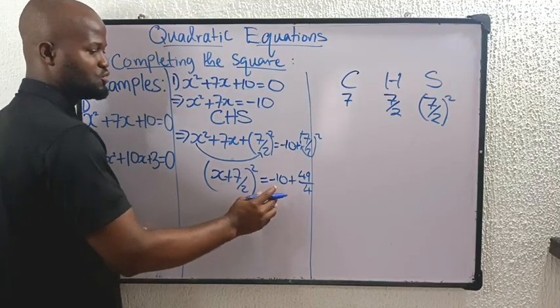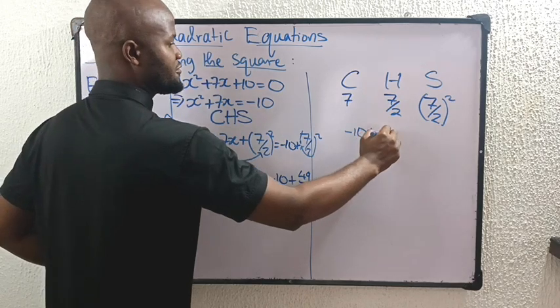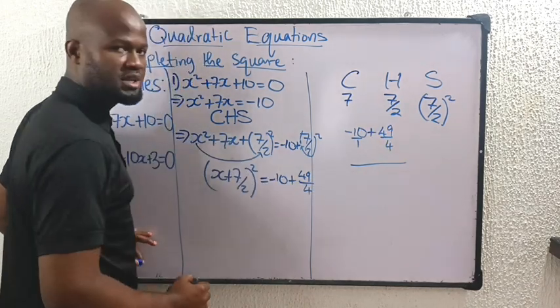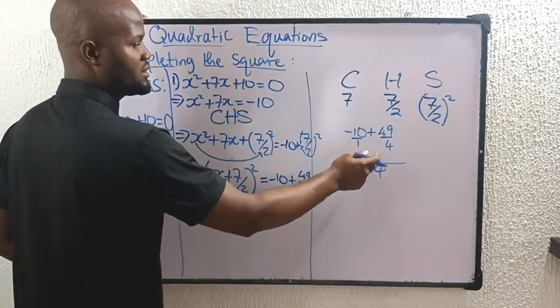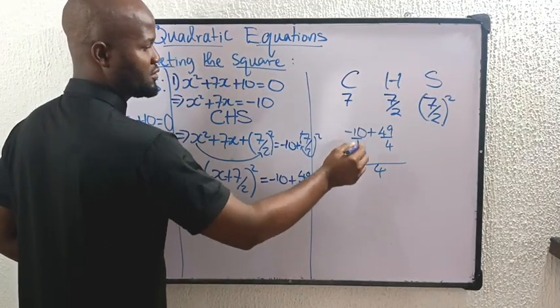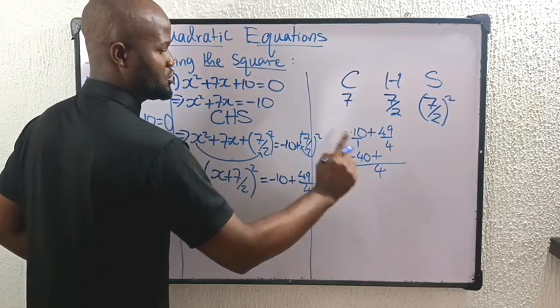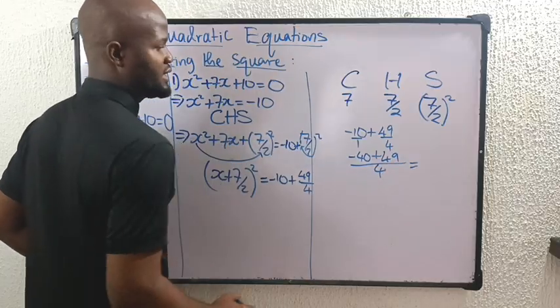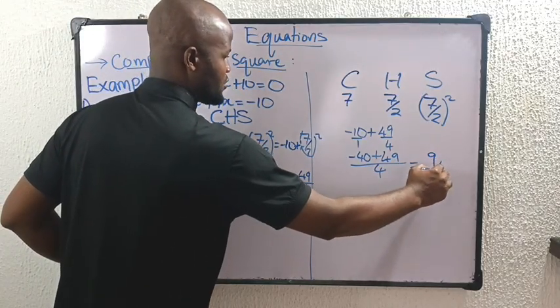So I have here negative 10 plus 49 over 4. Make this over 1. And what's the LCM? The LCM is 4. 1 into 4 gives you 4 times negative 10 gives you negative 40, plus 4 into 4 is 1, 1 times 49 gives you 49. And then negative 40 plus 49 gives you 9 over 4.